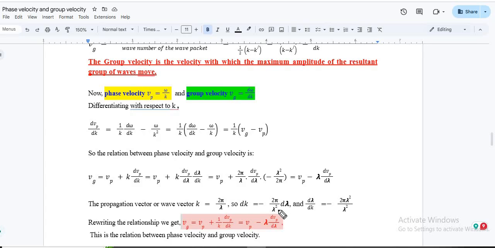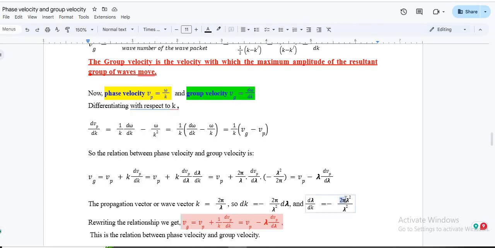Sorry, I wrote it wrong. So d lambda dk will be just the inverse of this, minus of lambda square divided by 2 pi.